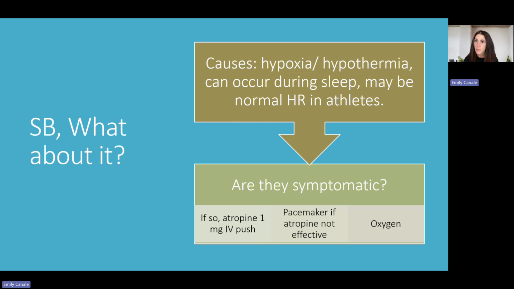When we give something like atropine, you're assessing the client therapeutically. We know it works if their heart rate increases and those symptoms that they were complaining about have gone away because we effectively treated it. But say you give atropine and it does not help and they're still having symptoms, that is where they may need to be transcutaneously paced.